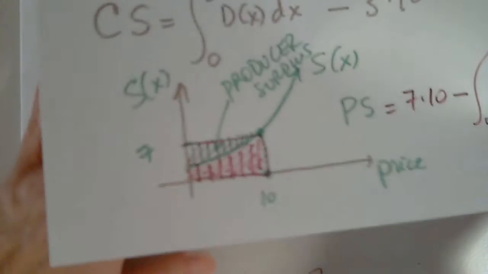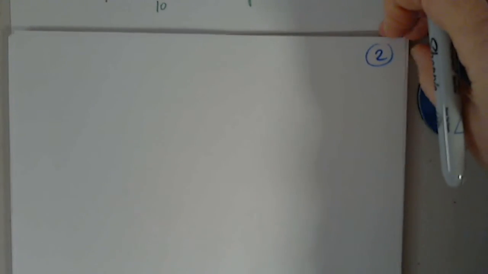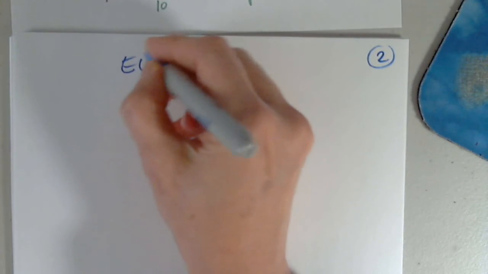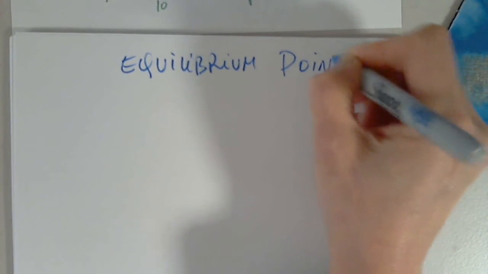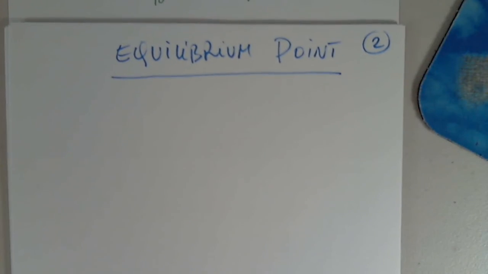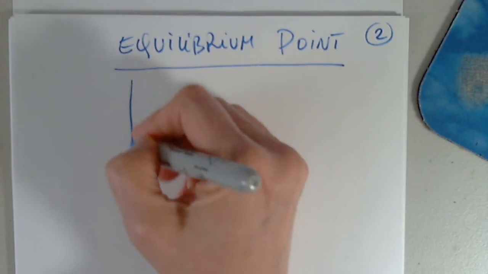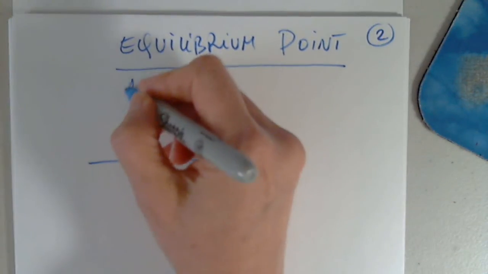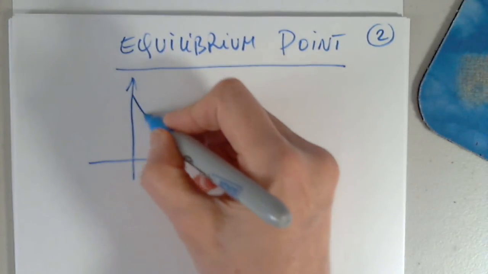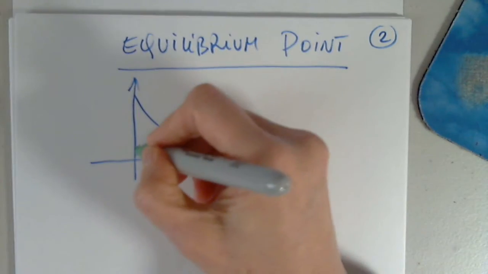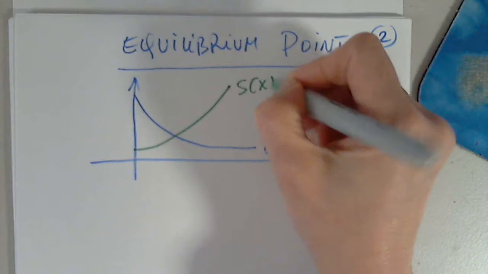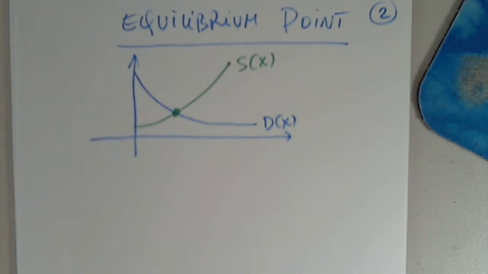One more idea, and then we can apply these in different situations, is this. We talked about the equilibrium point a long time ago. What is the equilibrium point? It's when the demand and the supply meet, and everyone is happy.